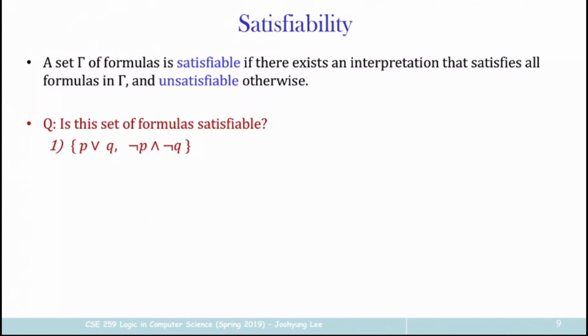So, here's a question. Is this set satisfiable? Can you find at least one interpretation that makes both formulas true?